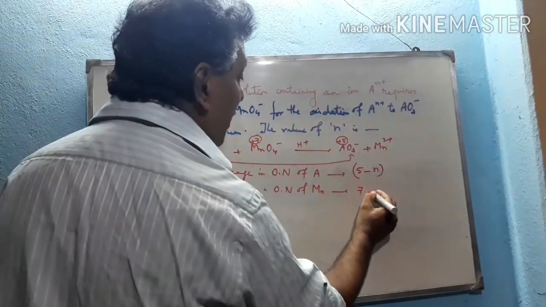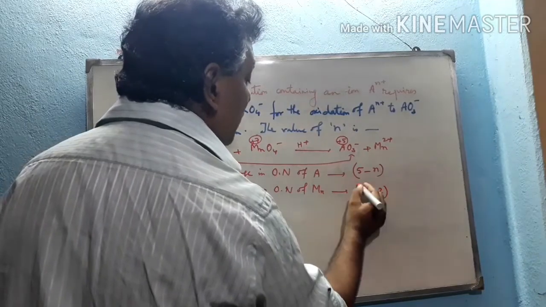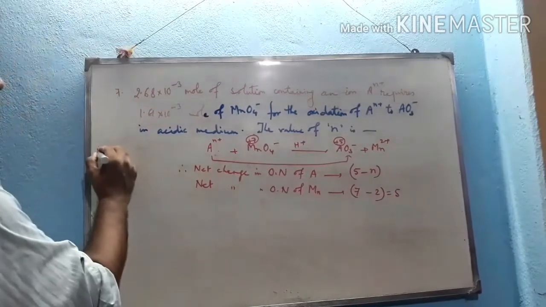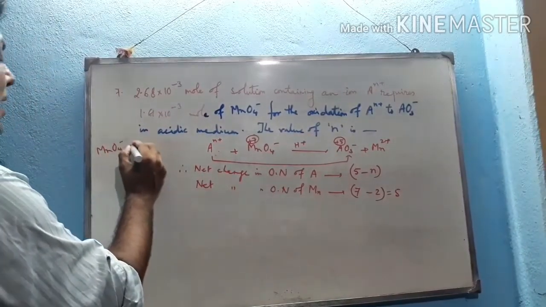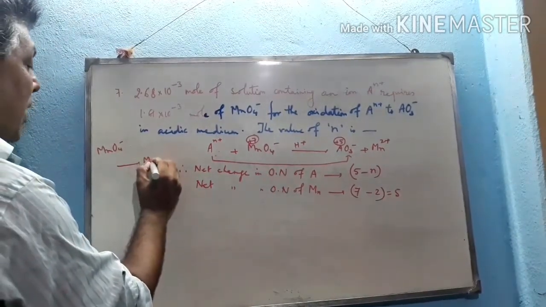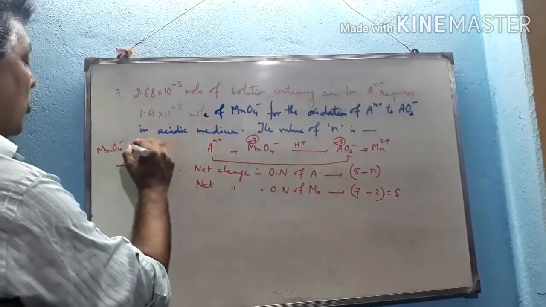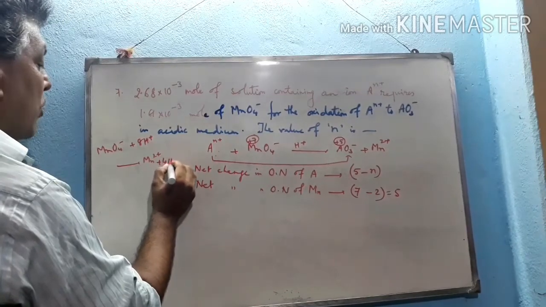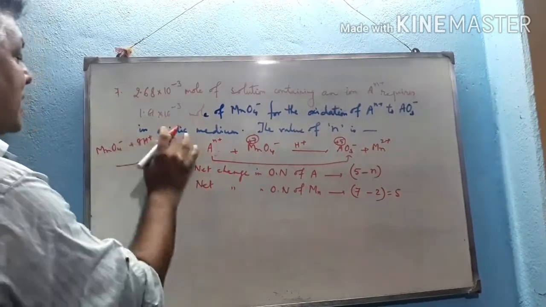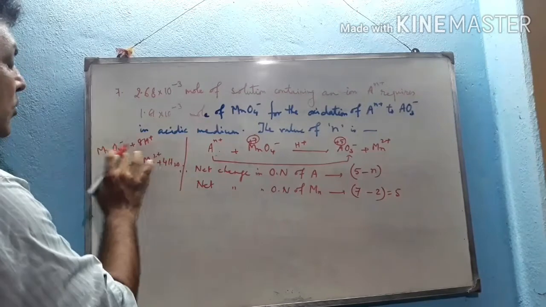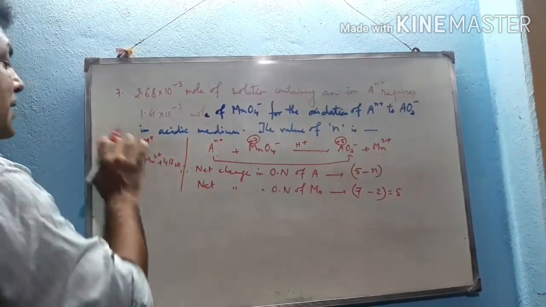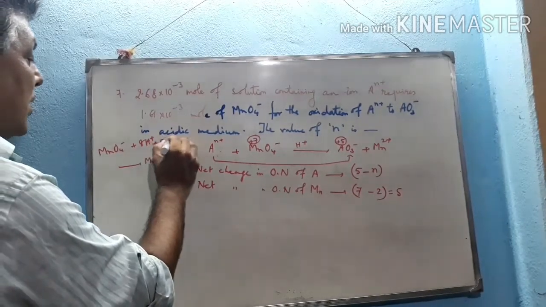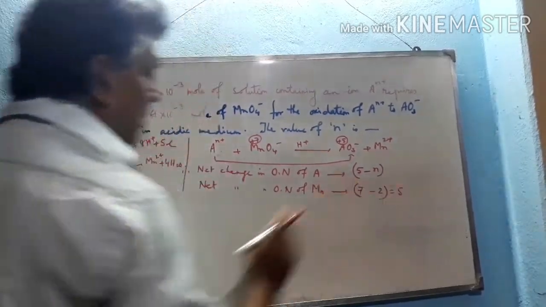Therefore 7 minus 2, that means 5. Net change is 5. We can calculate this value by equation, MnO4- to Mn2+. For the 4 oxygen atoms there will be 8H+ ions and 4H2O. To balance the charge overall, plus 8 minus 1 means plus 7, and here it is plus 2, so you have to add 5 electrons. That means 5 electrons are transferred.